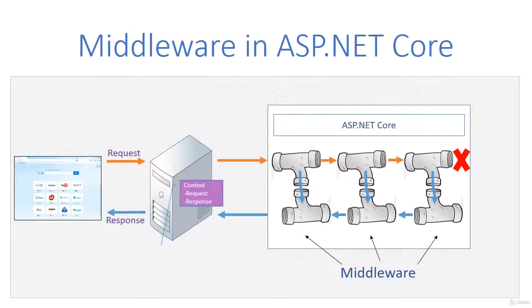It is hence important that the authentication middleware is added before other components like MVC, and that shouldn't be triggered in case of an unauthorized request. A few examples of middleware are diagnostics middleware or middleware to handle authentication, and even MVC itself is a piece of middleware. Now let's take a look at the Visual Studio files and see how this works.